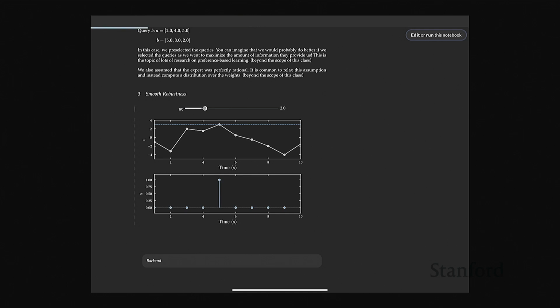And then as we increase W, okay, I think it's the opposite of what I was just showing? Zero is, yeah. Okay.